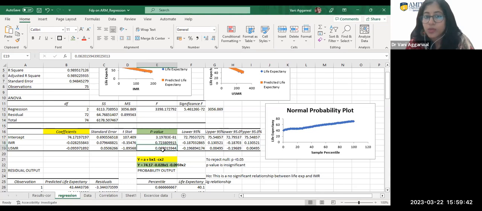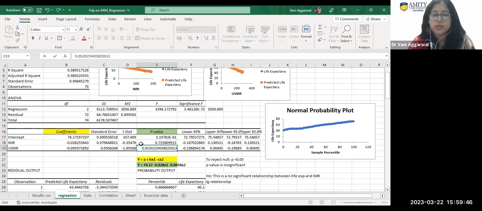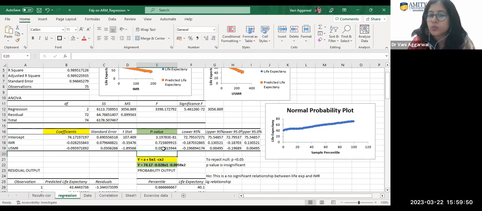Maybe the p-value is significant here. It could have come like this. Then we can say the p-value is significant here, so we are rejecting the null hypothesis. So there is a significant relationship between under 5 mortality rate and, what do you call it, life expectancy. Okay, like this. So you always look for the p-value, but that depends on your confidence level.